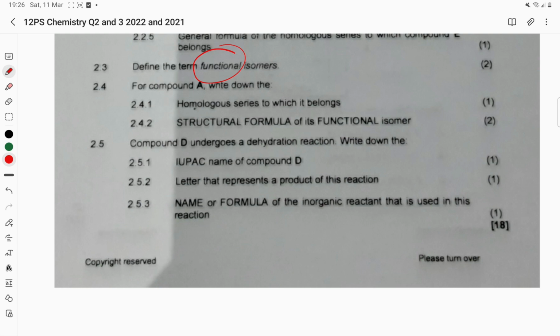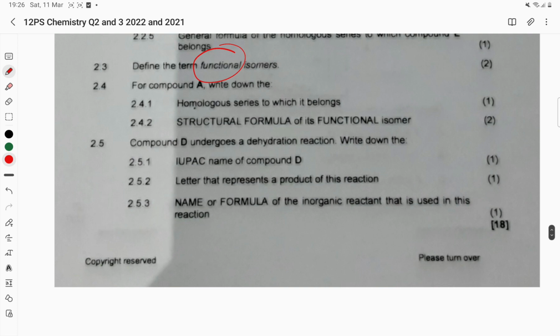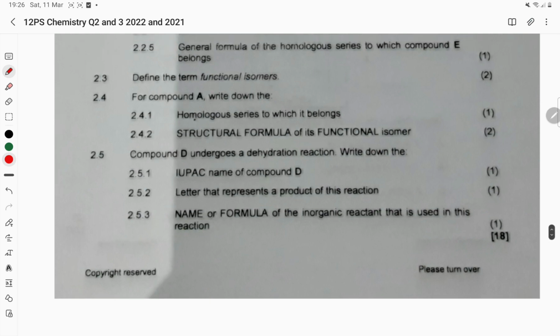They have the same molecular formula but different functional groups. Let's just go on. I said isomers have the same molecular mass, but it's actually better to say they have the exact same molecular formula, not molecular mass.